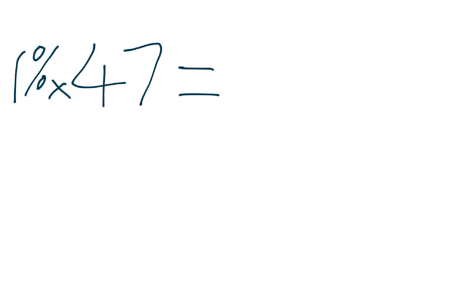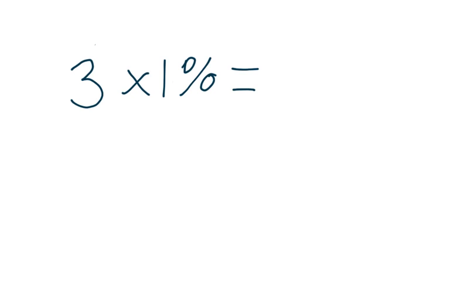So it won't be 4.7, it will be 0.47. If we want 3 times 1%, you can tell I'm tired. 3 times 1%, we're dividing 3 by 100.